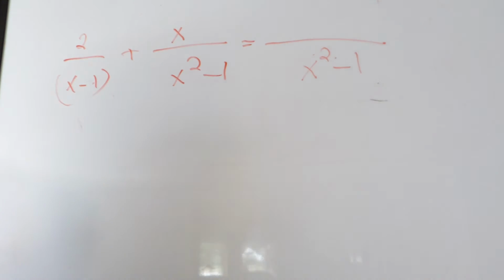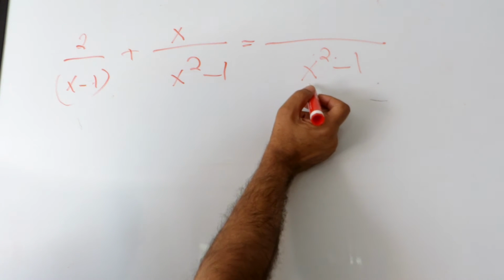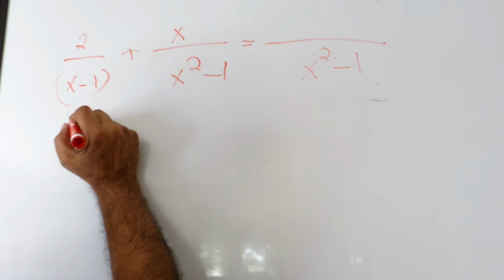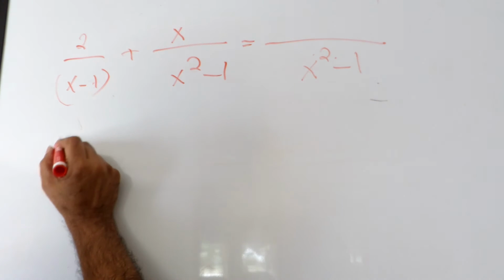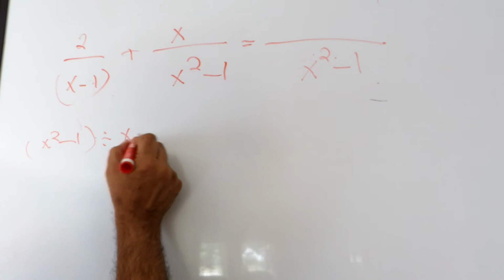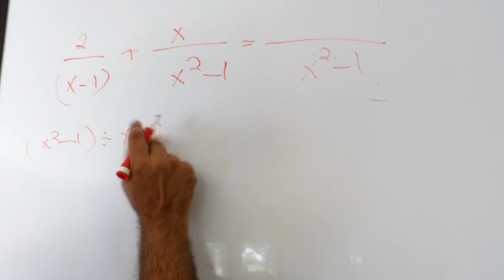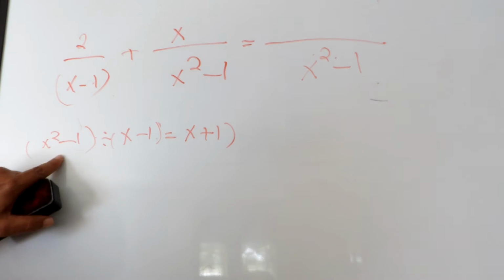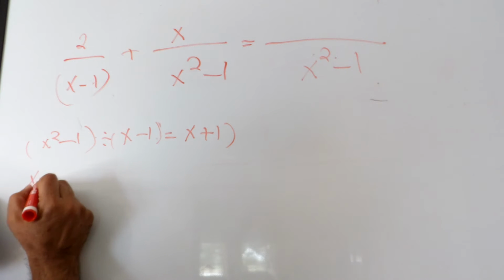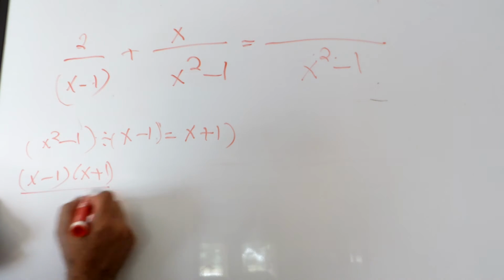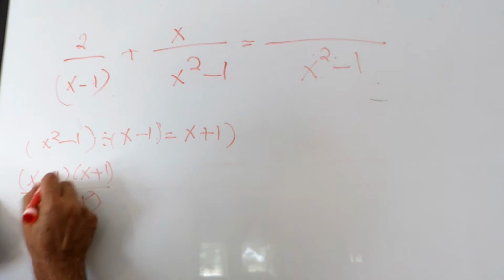I told you another way. That's almost the same. You divide this one by this one. It's going to be x plus 1. When you divide x squared minus 1 by x minus 1, it's going to be x plus 1, right? Because this is x minus 1 times x plus 1, and if you divide it by x minus 1, it's going to be x plus 1.